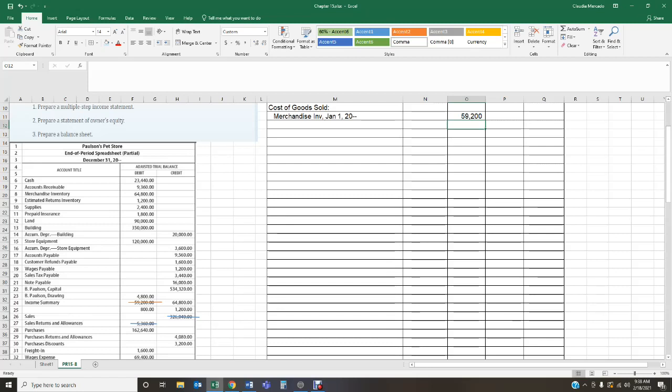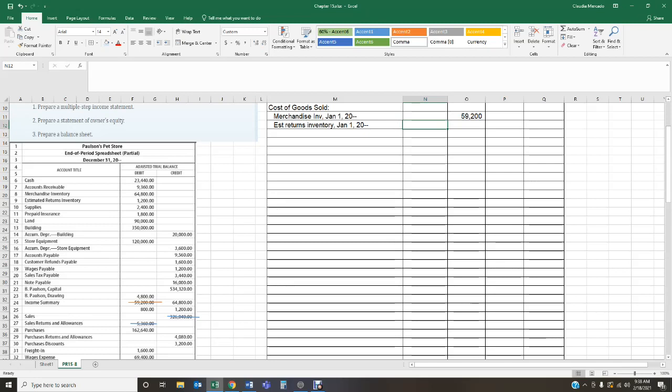Okay, so we have that, and then we also have our estimated returns inventory. Now that figure is going to be obtained from your income summary as well.